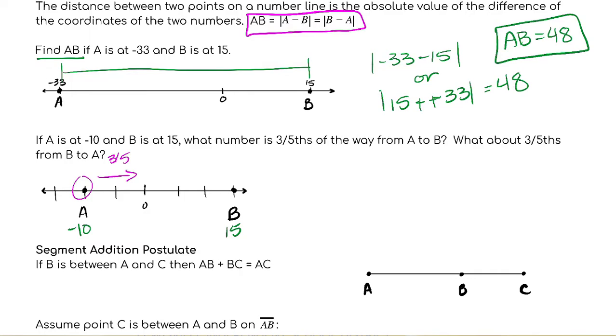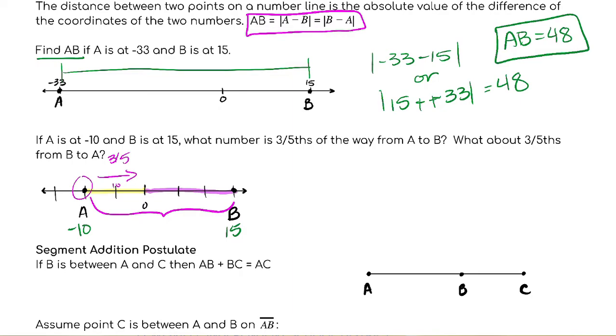So the first step in this, I'm going to decide how far apart they are. So negative 10 there, and positive 15. I could do the ruler postulate, taking the absolute value of the difference, or I like to look at, if it's already on a number line, I've got negative 10, so negative 10 to 0 is a length of 10. And 0 to 15 is a length of 15.